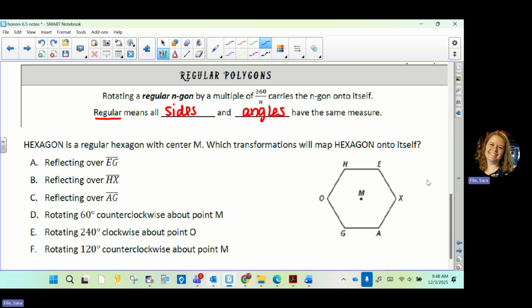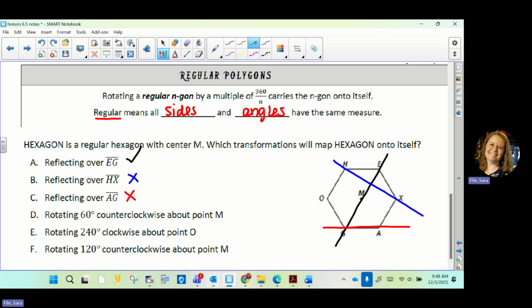Okay, so can we reflect over EG? There's EG. Is that a line of symmetry? Yes. Okay, can we reflect over HX? No. Can we reflect over AG? No, that's not a line of symmetry there.